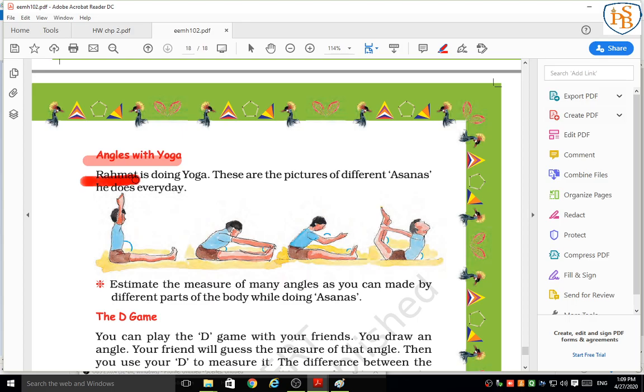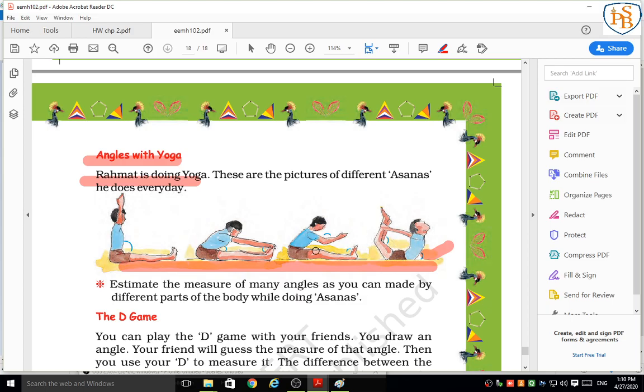Here Rahmat is doing yoga. One boy, Rahmat, is doing yoga, and this picture shows us the asanas of yoga that he does every day. And here also, if we see carefully, we can find the angles.